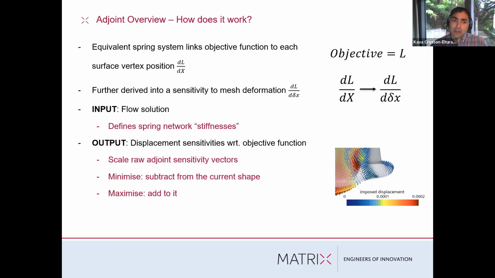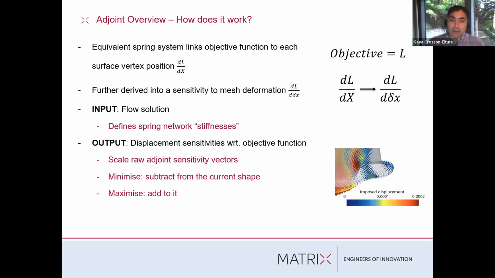So the input is a flow solution, and that defines kind of the spring network stiffnesses. You can think of it that way. And the output is, as I said, a vector field. That vector field, you can interpret and scale it to simply morph the geometry into a new shape. And we do this over and over again to progressively improve the performance of the structure with respect to the objective function.